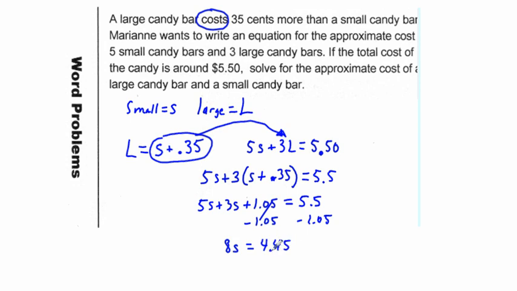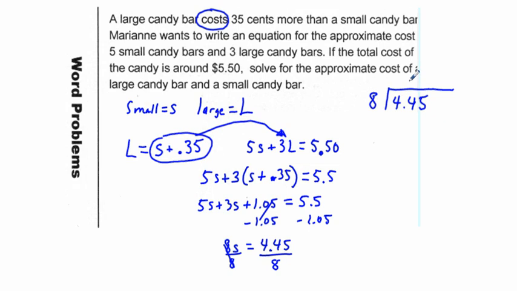And now if we divide by 8, we're going to find the value of a small candy bar. So I'm going to work that up here. You got to keep track of the decimal points in these things here. So we have 4.45. How many times does 8 go into 4? None. How many times does 8 go into 44?